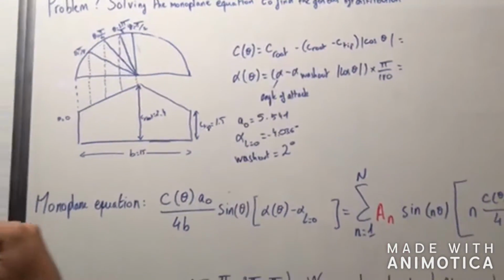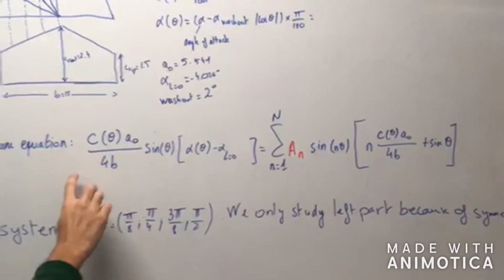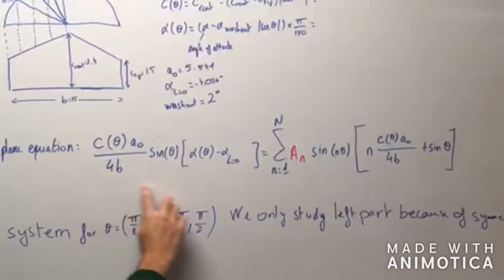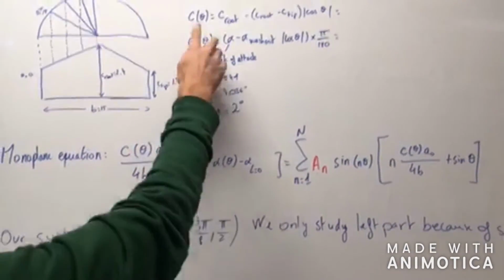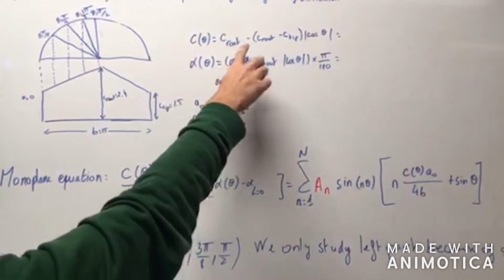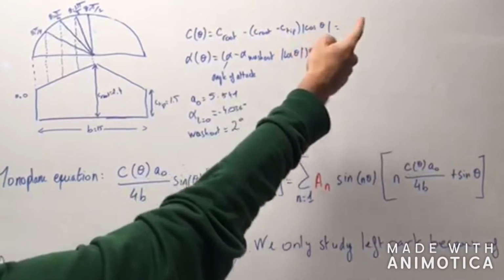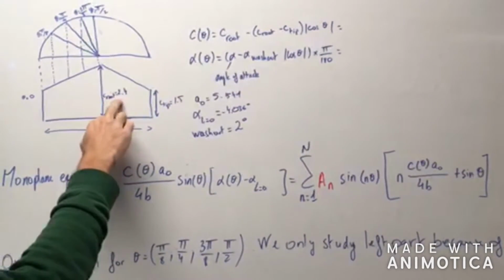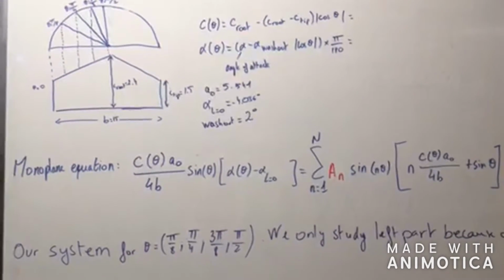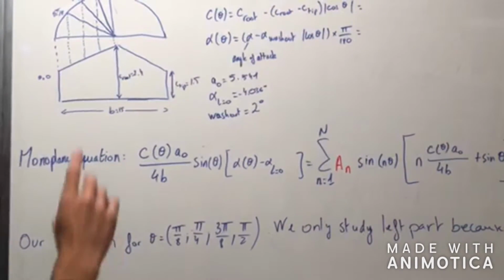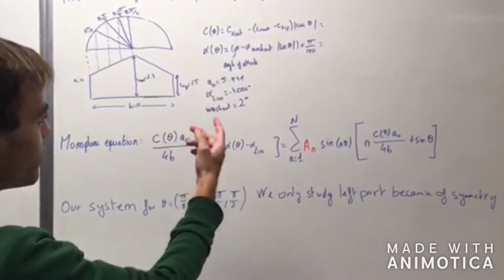So from there, we have the monoplane equation, which is equal to that. First of all, C as a function of theta is equal to C root minus C tip cos theta. So C root is 2.4, C tip is 1.5. We chose an airfoil with this kind of parameter.